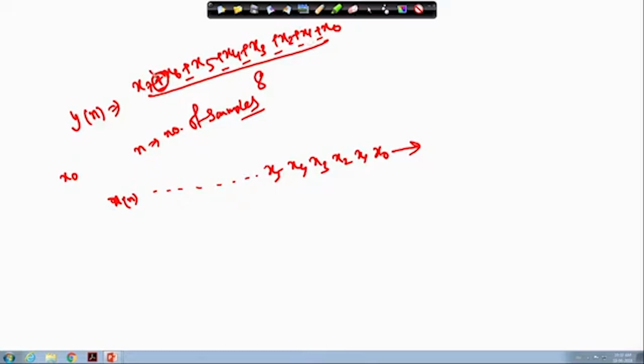That means only one operator will be there, and the corresponding samples will be time multiplexed.